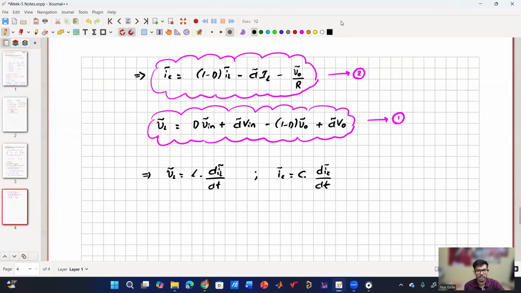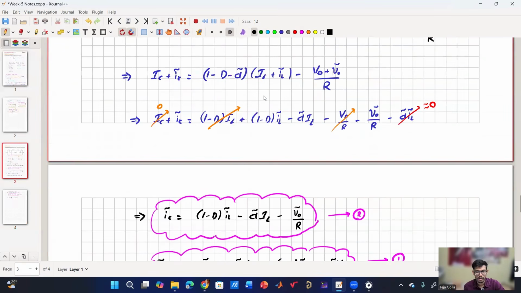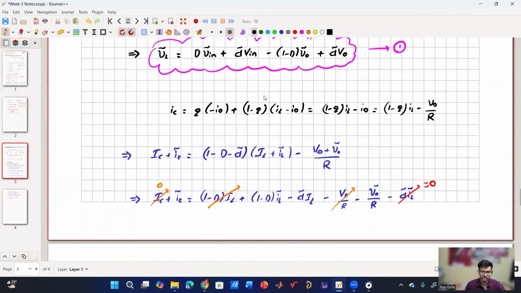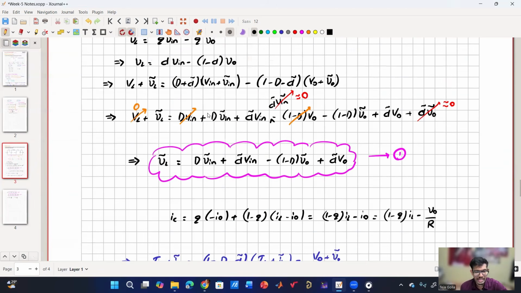When we are eliminating the terms, the average voltage across the inductor is 0 and the average current through the capacitor is 0. These two things we have to assume zero. Yes. Basically it has both DC as well as AC. At DC, VL is 0.